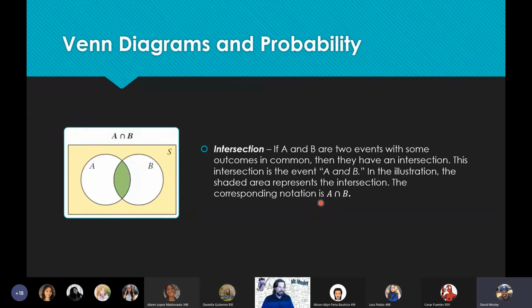Corresponding notation is A, this little bridge looking thing, B. And you just read it as A and B or A intersection B. Okay, so this green shaded area in the middle, that is the intersection or the shared outcomes between events A and B. And so we have this common notation, a little arch.